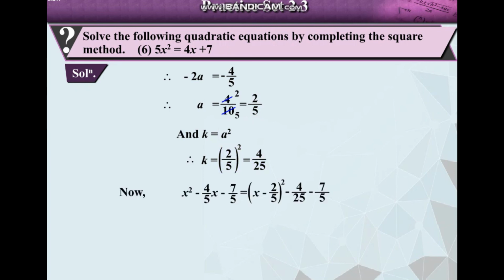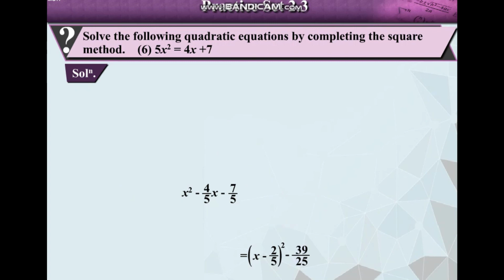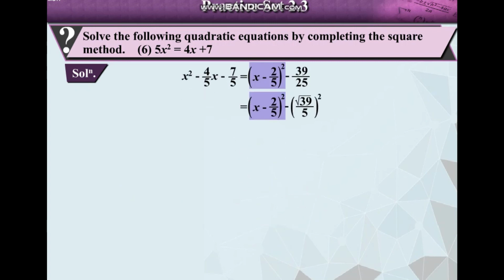Now, x square minus 4 upon 5x minus 7 upon 5 is equal to x minus 2 upon 5 the whole square minus 4 upon 25 minus 7 upon 5, which is equal to x minus 2 upon 5 the whole square minus 4 minus 35 upon 25, which is equal to x minus 2 upon 5 the whole square minus 39 upon 25, which is equal to x minus 2 upon 5 the whole square minus root 39 upon 5 the whole square.